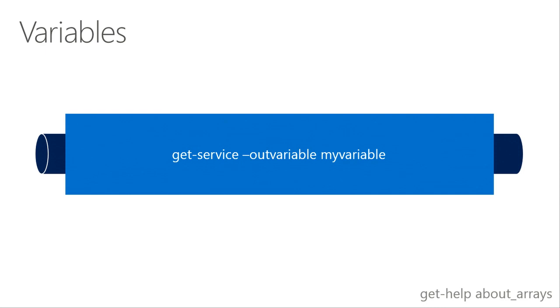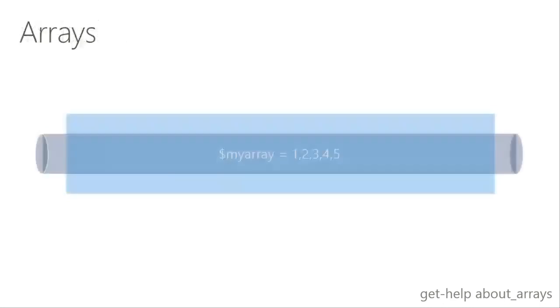One of the things we can do too, often you'll see in scripts people are doing things like $myVariable equals Lync, but we can also run a cmdlet and use one of the common parameters, OutVariable, to create that variable as well, myVariable. I do have that in the demos.